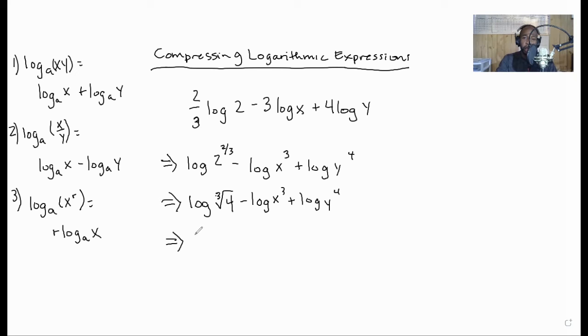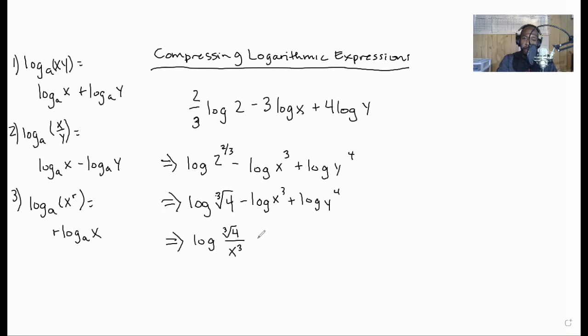So that's log of the cube root of 4. Actually, hold on. I wrote that too quickly. When you have a logarithm minus a logarithm of the same base, which all these have, that means it's going to be the log of the first one divided by the second one. So that's going to be the log of the cube root of 4 over x cubed.